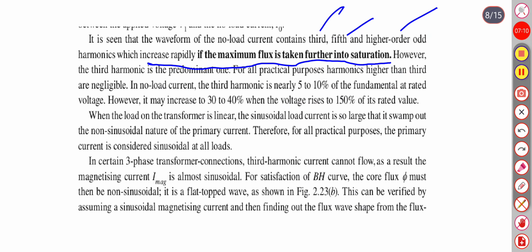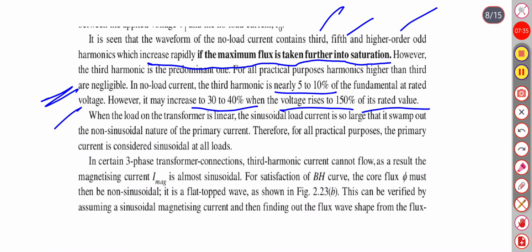For all practical purposes, harmonics higher than the third are negligible. In no load current, the third harmonic is nearly 5 to 10% of the fundamental at rated voltage. However, it may increase to 30 to 40% when the applied voltage rises to 150% of its rated value.